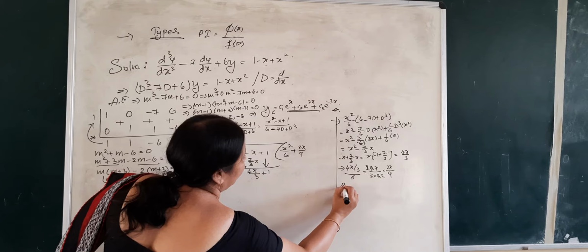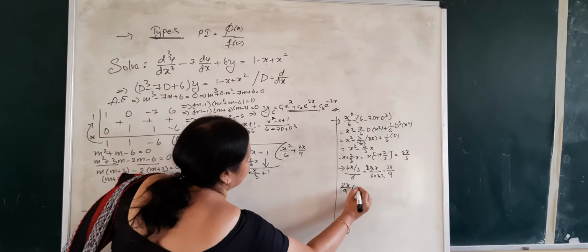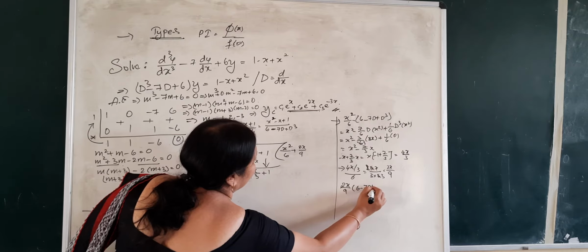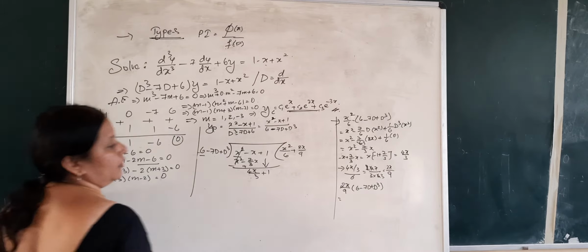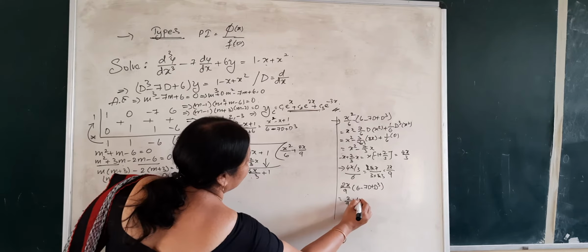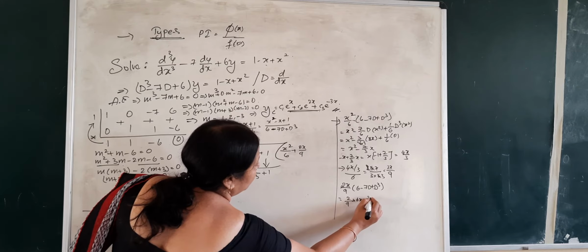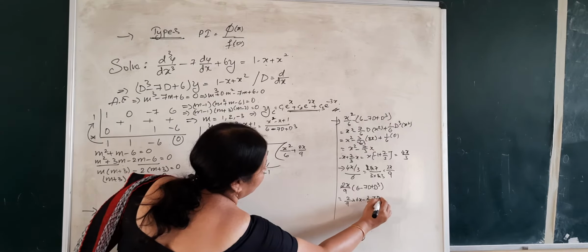So we have to multiply 2x by 9 with the entire divisor, that is 6 minus 7d plus d cube. Okay. So simplifying further, we get 2 by 9 into 6x minus 2 by 9 into 7 times d of x.